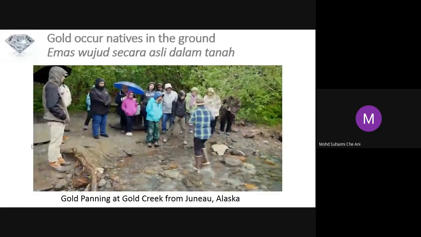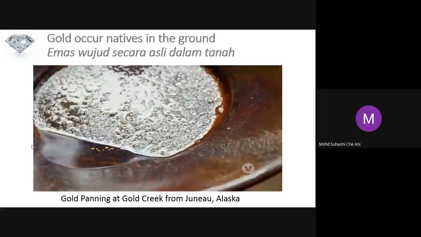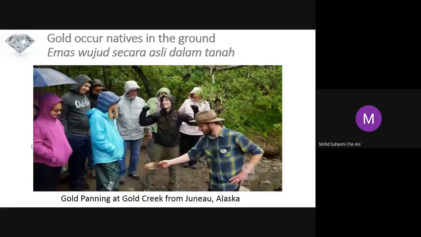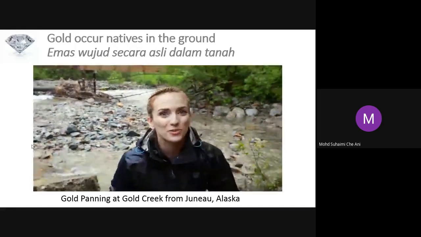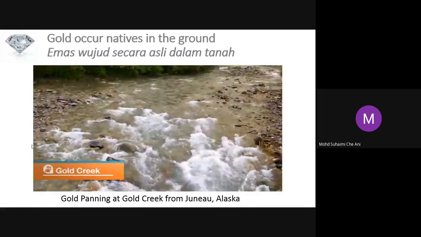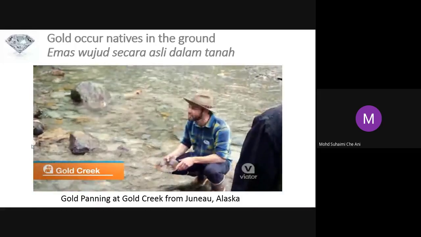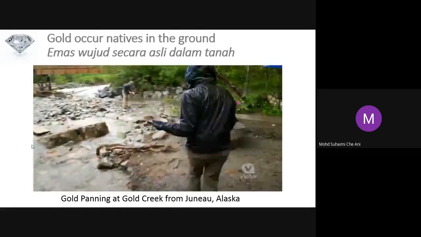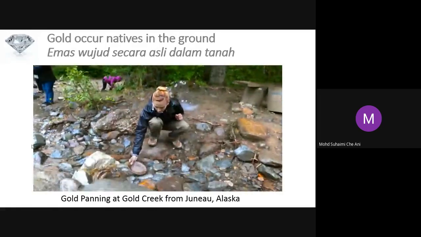And all others such as sand, soils, and any other waste, it will bring away from the quarry tu. Just tinggal emas saja dekat bawah. So this is what the gold panning method is about. So you will get easily.